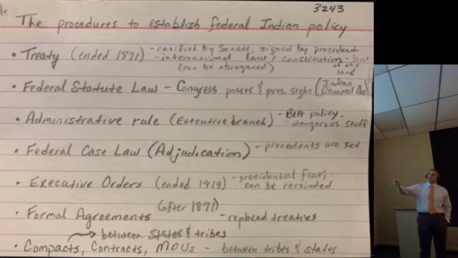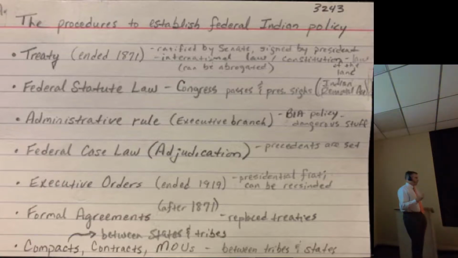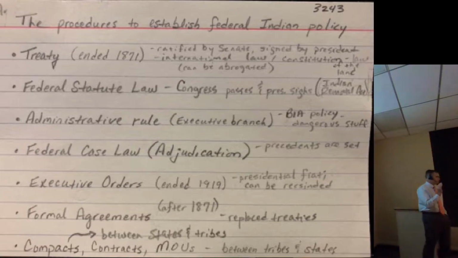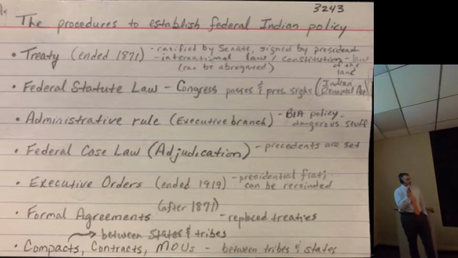And Indian policy began with treaties. And I told you last time that the very first treaty was between the United States and the Delaware in 1778. But of course, the United States was just a rebel set of provinces in 1778.